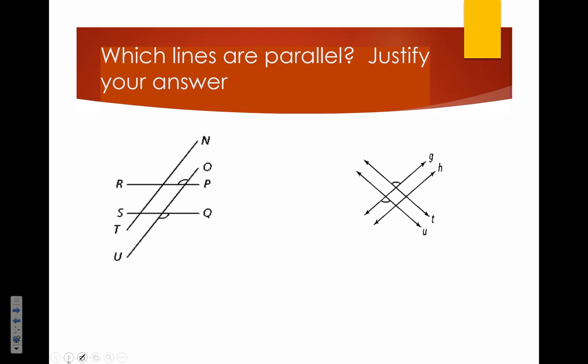So I have got these lines, a whole bunch of them, and which ones of them are parallel? Take a minute, think about it, and see if you can figure it out. If I'm looking at this line right here, and sometimes colored pencils really come in handy, these angles right here, they're on either side of O, and it looks like they're on the outside of RP and SQ.